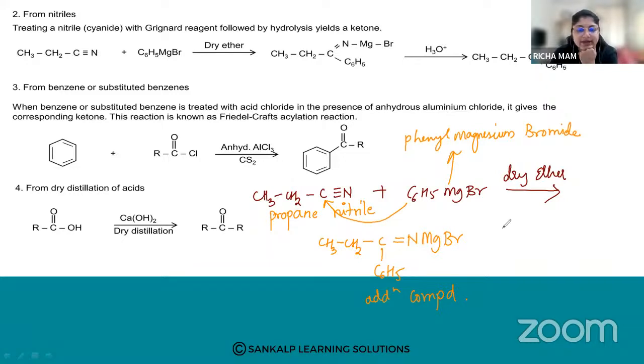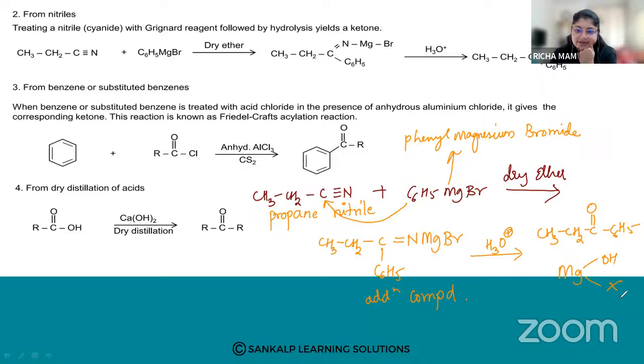So propane nitrile, when it reacts with phenyl magnesium bromide in the presence of dry ether, will give you an addition compound. This on hydrolysis will give you what? It will give you a ketone and MgOH X.